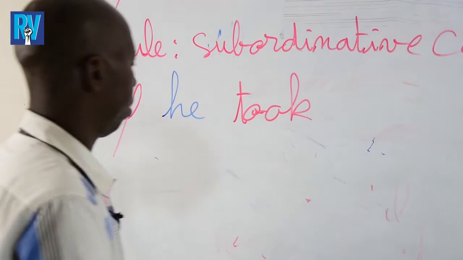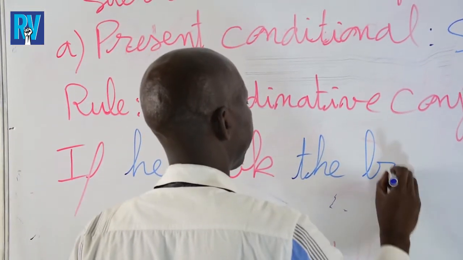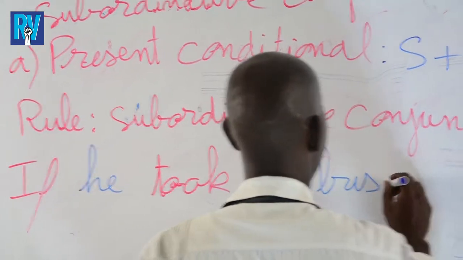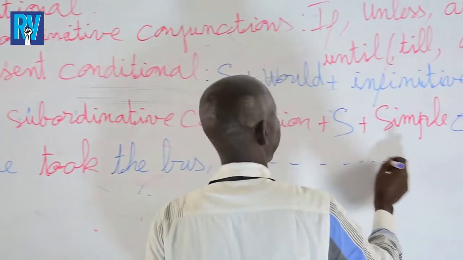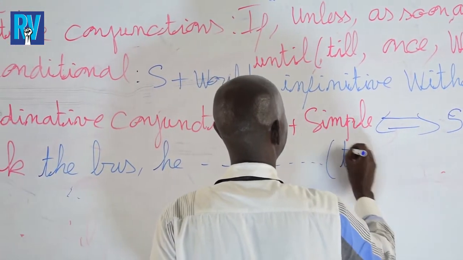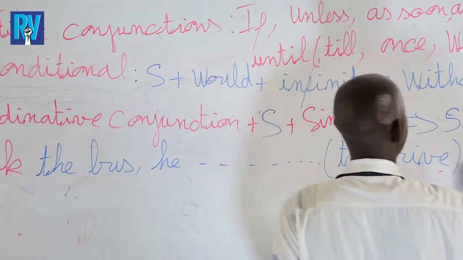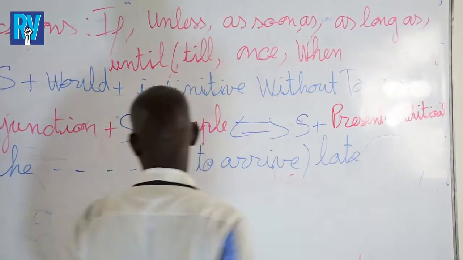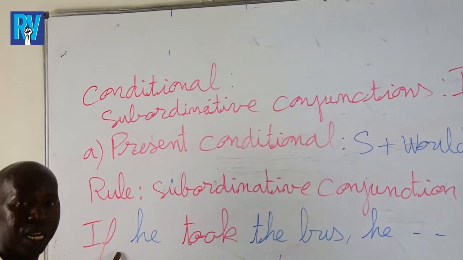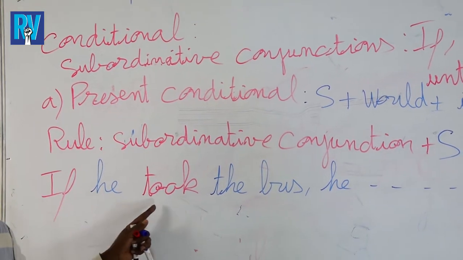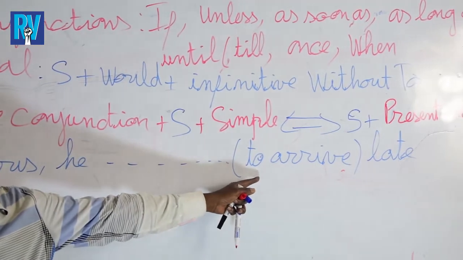If he took the bus, he, and I'm asked to write the next verb, to arrive late. Okay, here I have the subordinative conjunction, if plus subject, and I have the simple past, and I am asked to write correctly this verb.